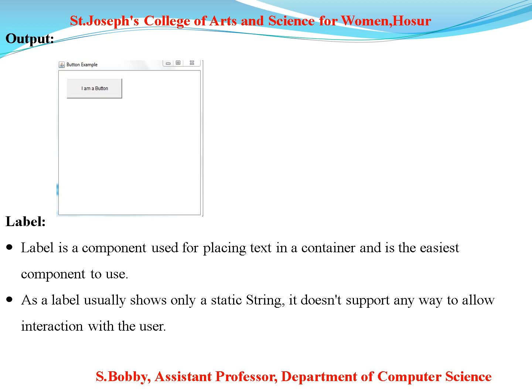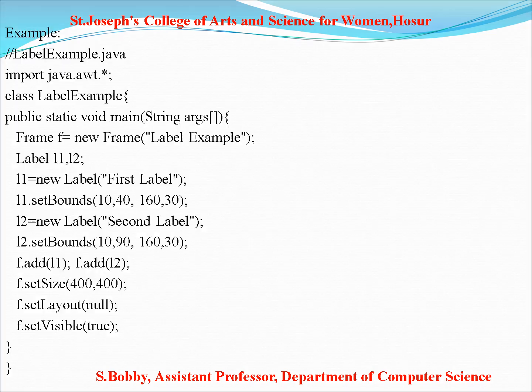Next one is label. Label is a component used for placing text in a container and is the easiest component to use. A label usually shows only a static string. It does not support any way to allow interaction with the user. See the example.